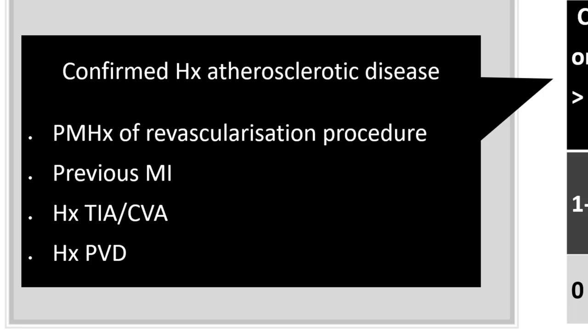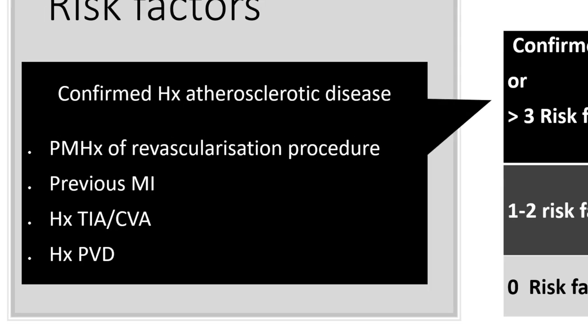So someone who's had any stenting done or perhaps a CABG is indicative of revascularization procedures and is a sure sign that the person has got vascular disease. A previous myocardial infarction or a history of either transient ischemic attack or cerebral vascular accidents is also indicative, as is a written history of peripheral vascular disease.